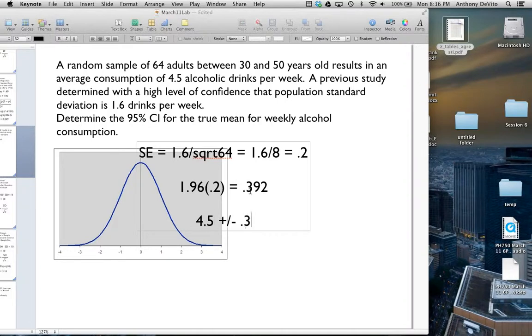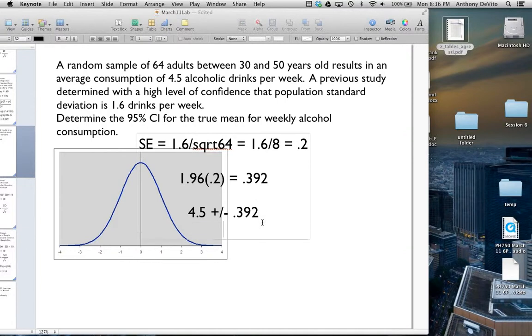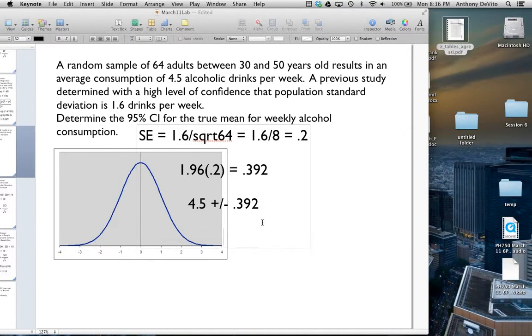It's actually going to be, that's actually the standard error, 0.2 times 1.96, 3.92. So that's roughly 4.892, and whatever it is subtracted from that also. In other words, it's 4 to 4.892.